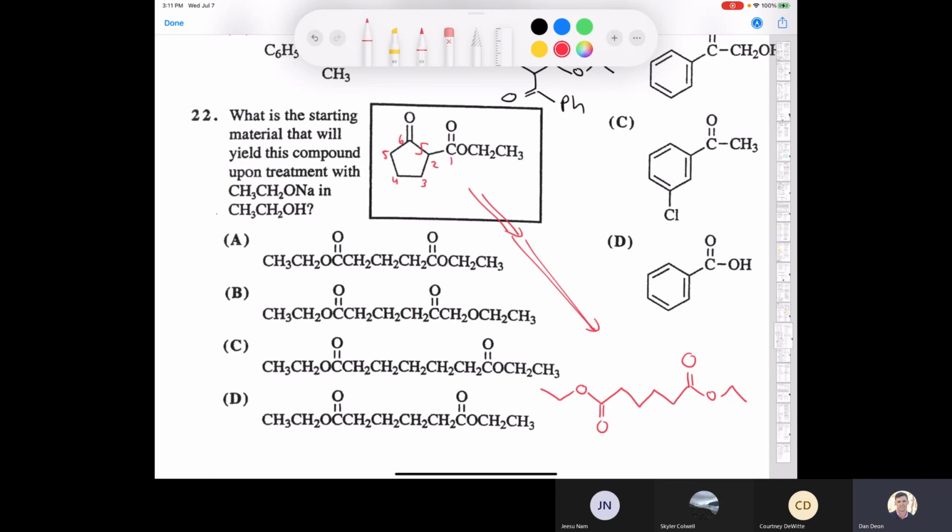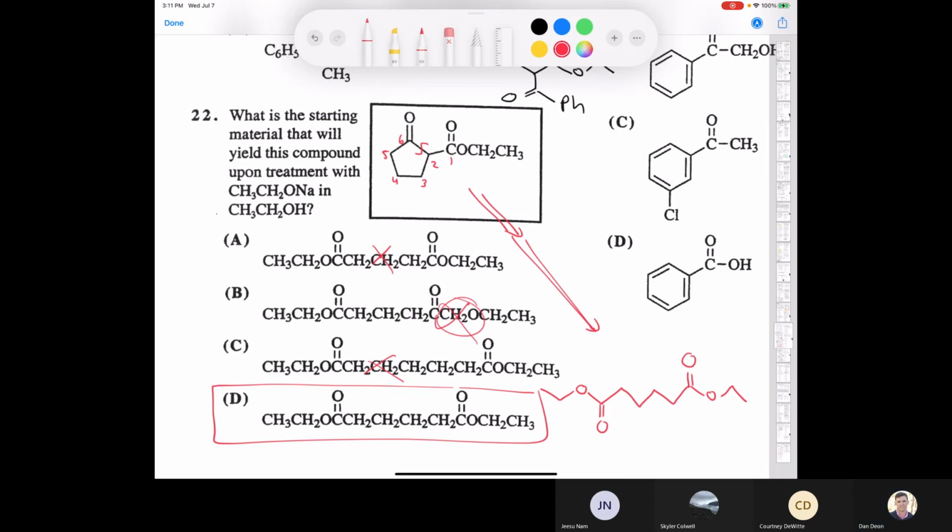So this is wrong, this one doesn't have enough methylenes. 1, 2, 3. This one, you can see the ester is jacked up over here, so that's wrong. So the correct answer is D. So we just solved that using retrosynthesis. Again, just a Dieckmann reaction.